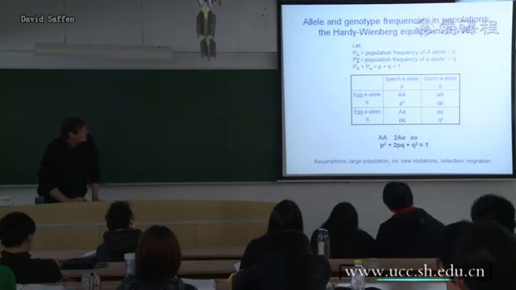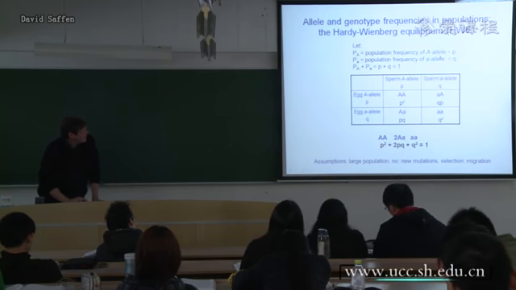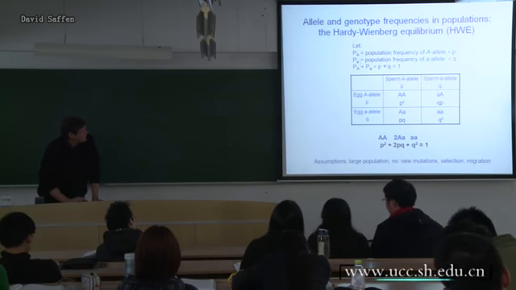So here, there's the big A allele and the little a allele. If the frequency of that A allele in the population is p, and the frequency of the little a in the population is q, then since that's all there is, those two frequencies have to add up to 1. You find this or the other, nothing else.